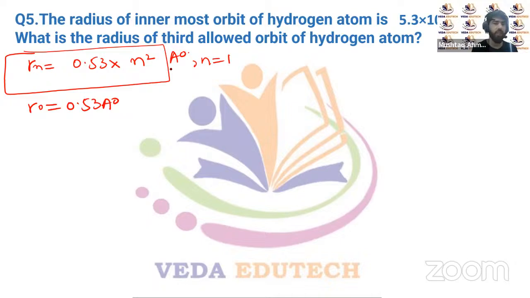Another question is: what is the radius of the third allowed orbit of the hydrogen atom? For the third allowed orbit, n will be equal to 3, so R3 will be equal to 9 multiplied by 0.53.